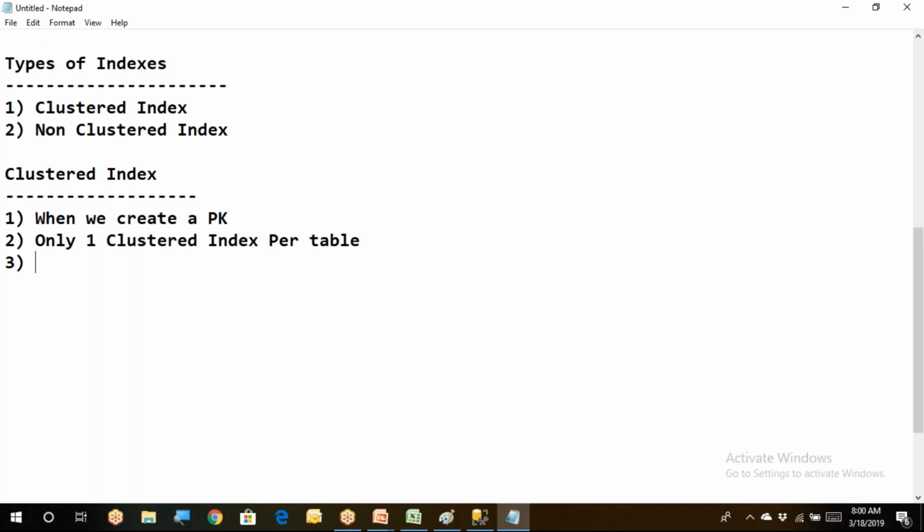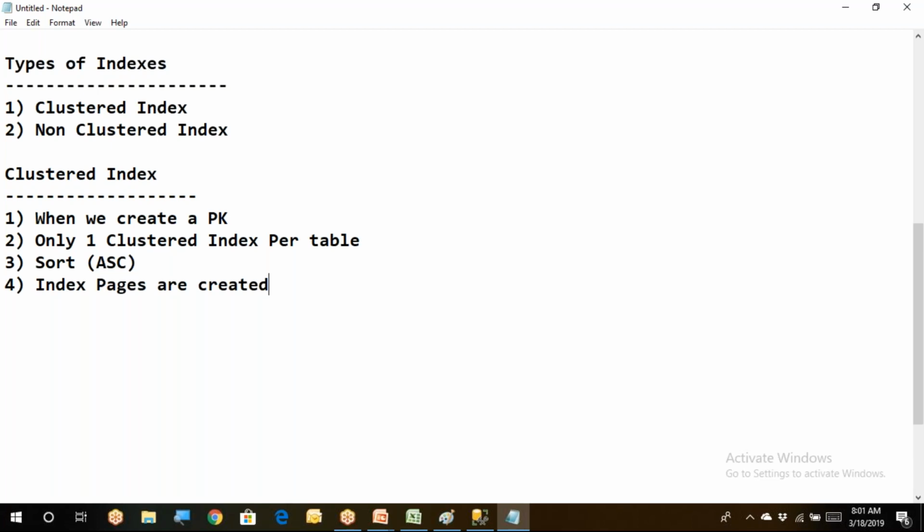The next point is that it is going to sort the data, by default ascending, but if you want descending, you can do that. Then index pages are created internally. Clear? So the data is sorted and index pages are created so that they can be used to access the data. We can have only one clustered index, not more than that.